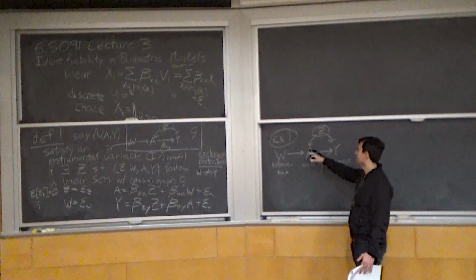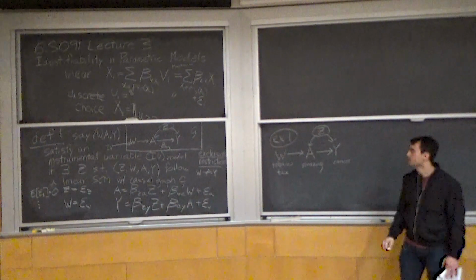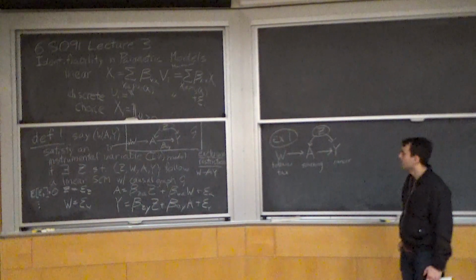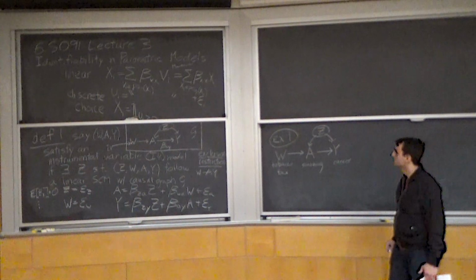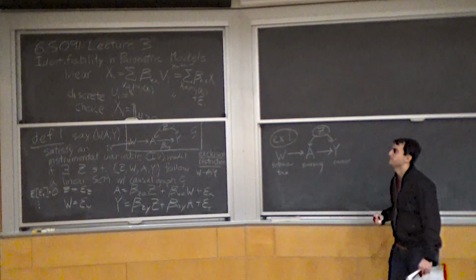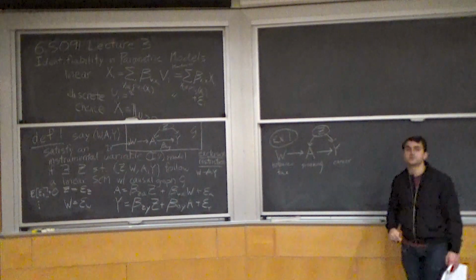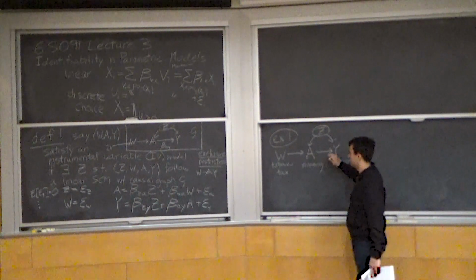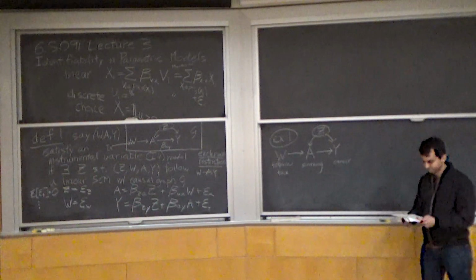The only effect would essentially be through smoking. This would be the type of model where you might try to use your instrumental variable and the identification result that we'll present today in order to figure out the effect of smoking on cancer.